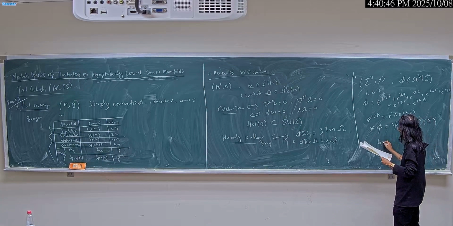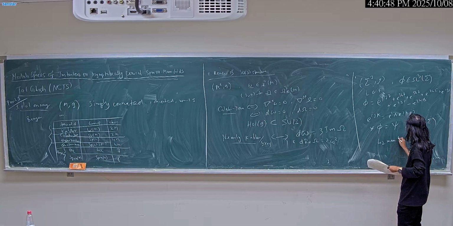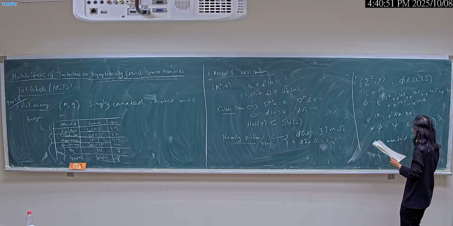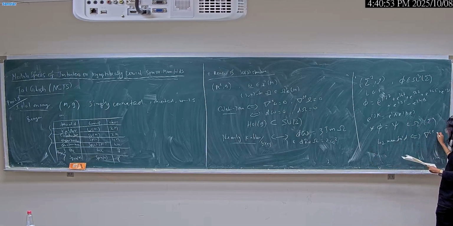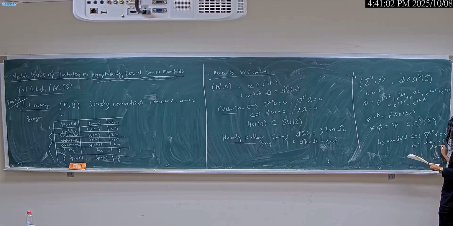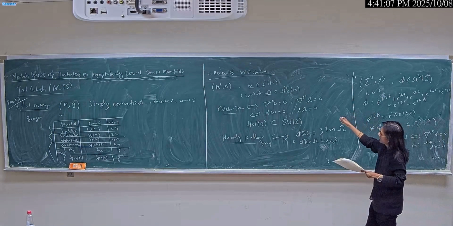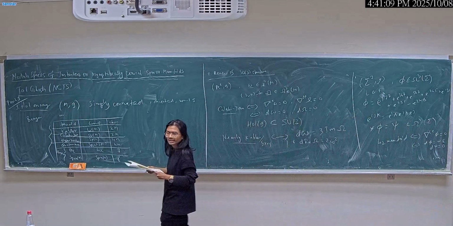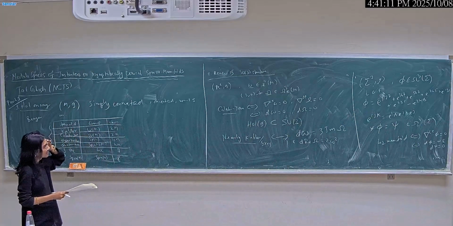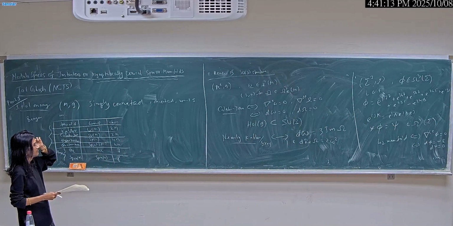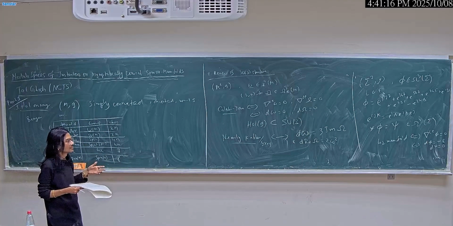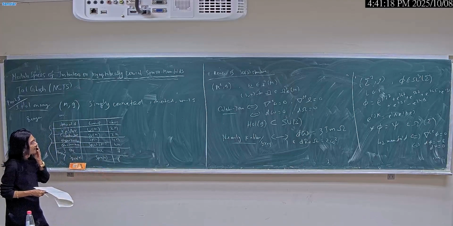a G2 manifold if the Levi-Civita connection applied to the 3 form is 0. Alternatively, there is the same definition: d phi equals 0 and d psi equals 0. Now, given the Calabi-Yau case on the left-hand side, you should be convinced that that's a very convincing way to define a geometric structure on a manifold.